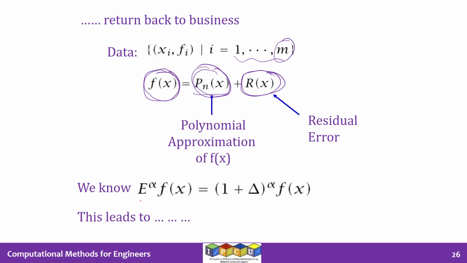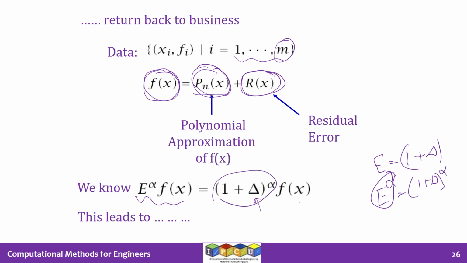Now earlier we derived this expression by noting that E is equal to 1 plus delta. We said E to the power of alpha is (1 plus delta) to the power of alpha, and you apply this E to the power of alpha to f of x. So you will get E to the power of alpha f of x is equal to (1 plus delta, the forward difference operator) to the power of alpha times f of x.